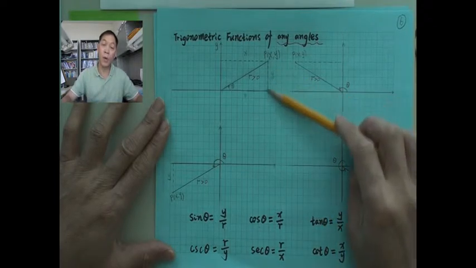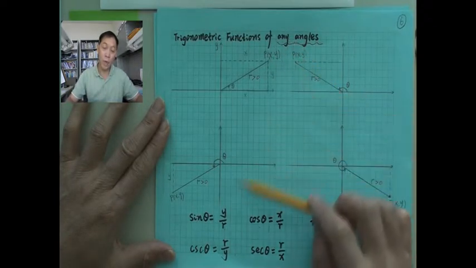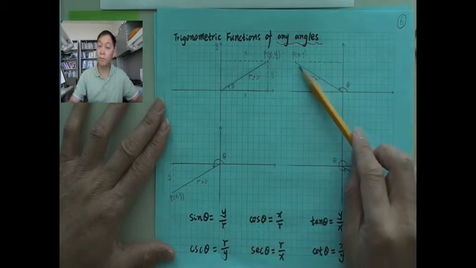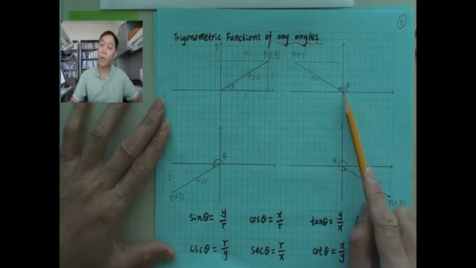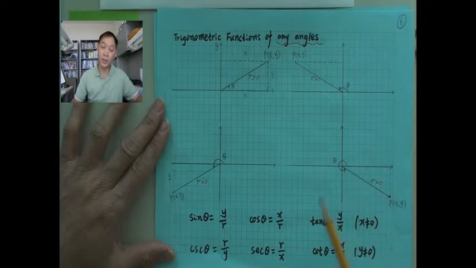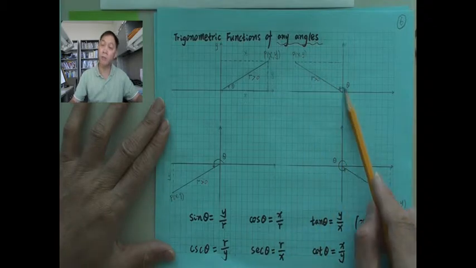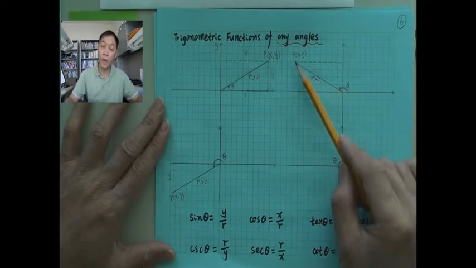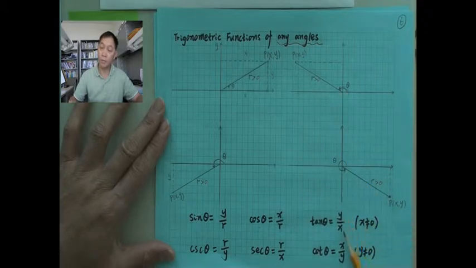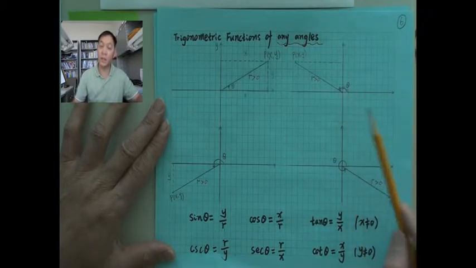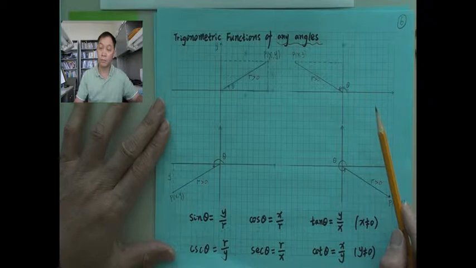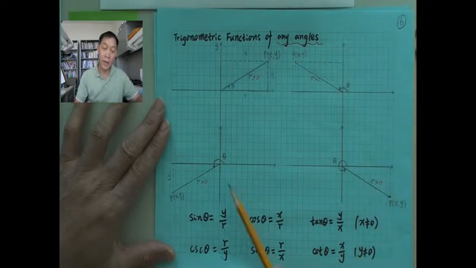Since here we have y over r, let's use y over r for sine for this angle. Let's still use x over r for cosine, and y over x for tangent theta. So the other two are the same.